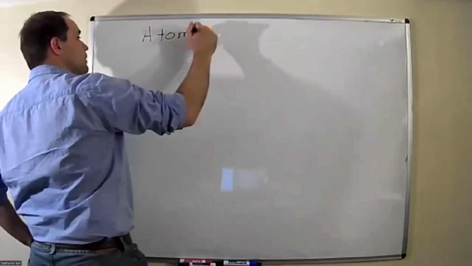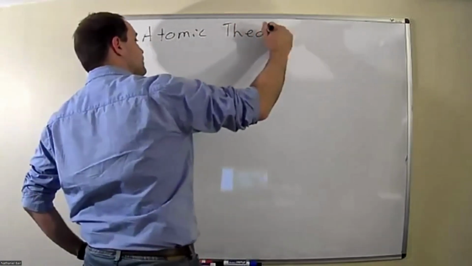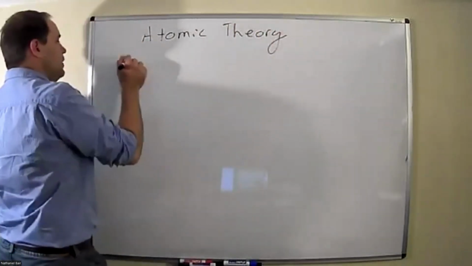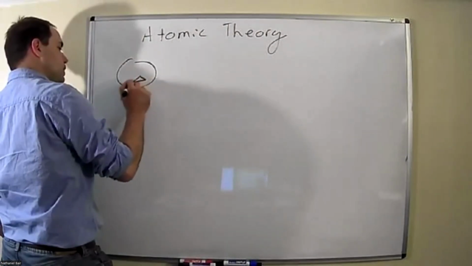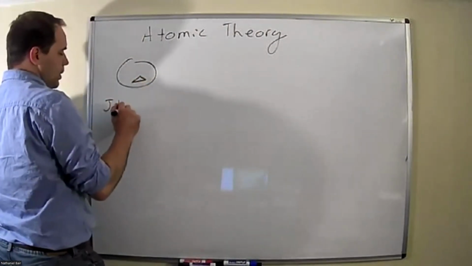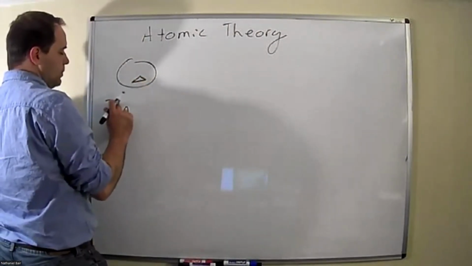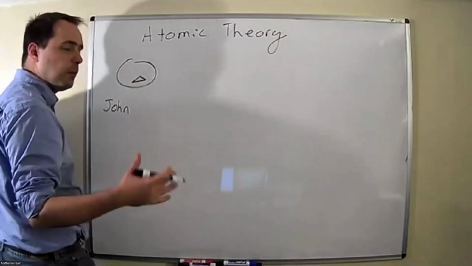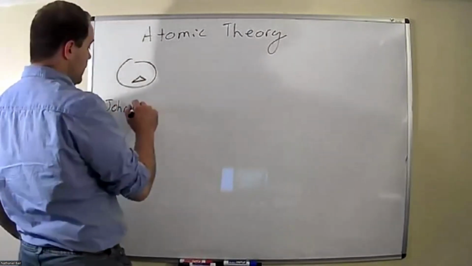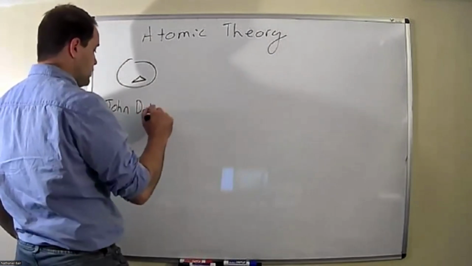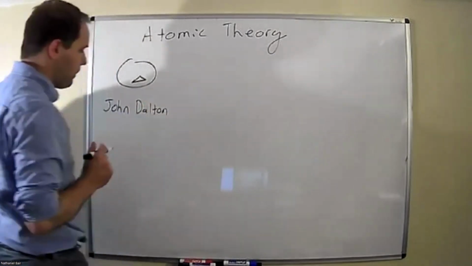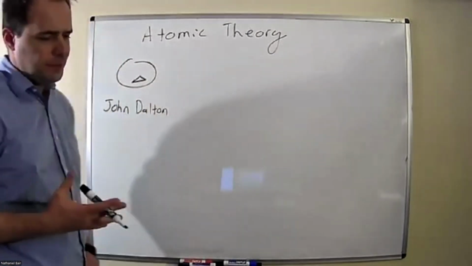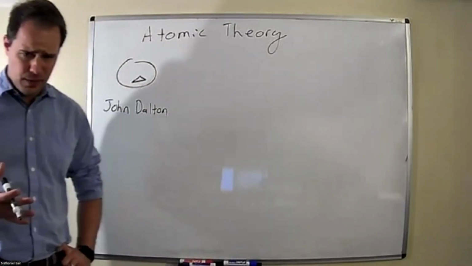Atomic theory. Awesome. The first model of the atom was proposed by a British scientist by the name of John Dalton. And John Dalton, this is like the early 1800s.